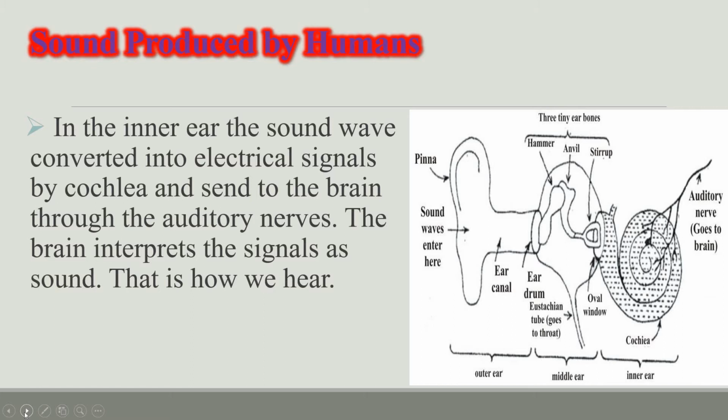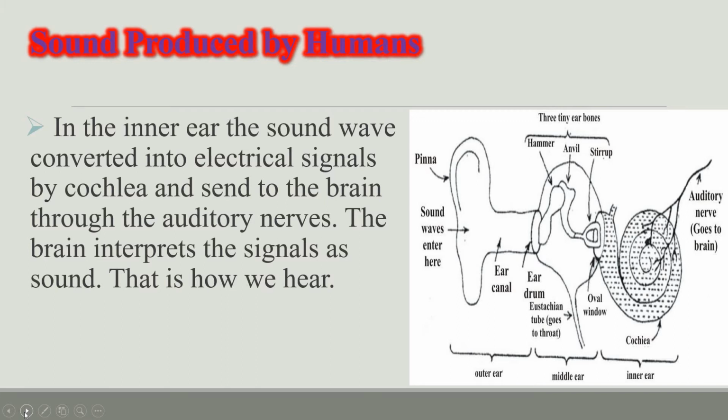That is how we hear sound. The other end of the cochlea is connected to the auditory nerve which goes into the brain. The three bones in the middle part of the ear act as a system of levers and amplify sound vibrations coming from the eardrum before passing them on to the inner part of the ear.